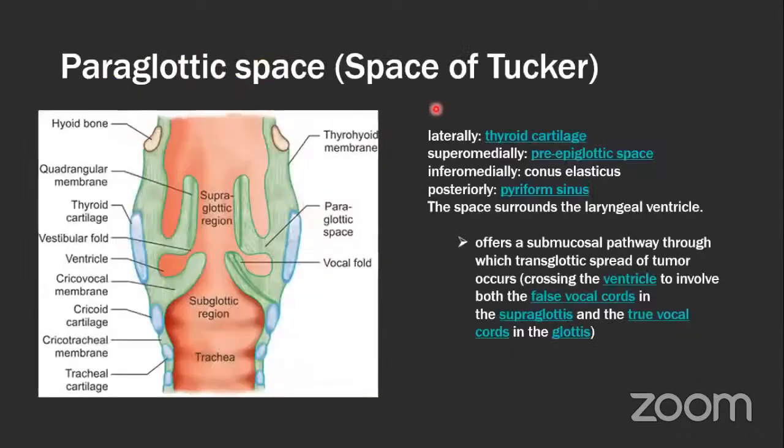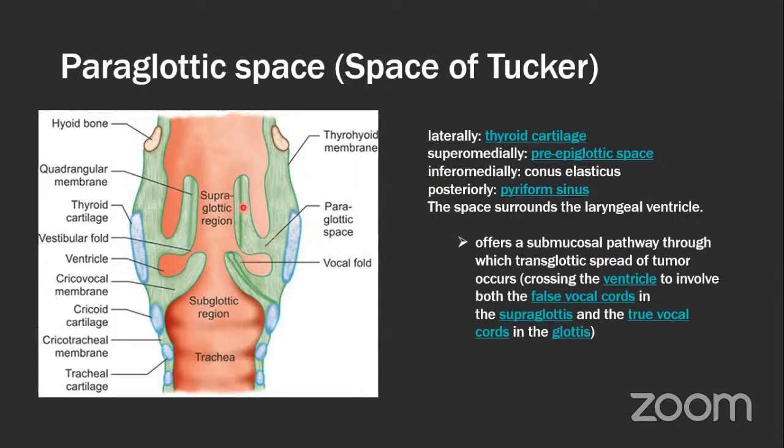Another space is the paraglottic space of Tucker. Okay, the second one, the paraglottic space. Usually this paraglottic space is on the lateral aspect; on the lateral side, there are two paraglottic spaces. Here comes a paraglottic space.